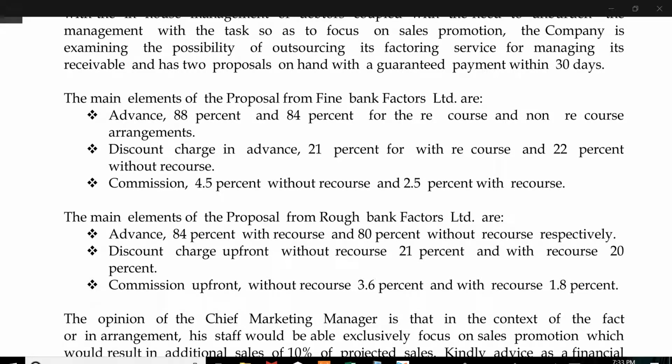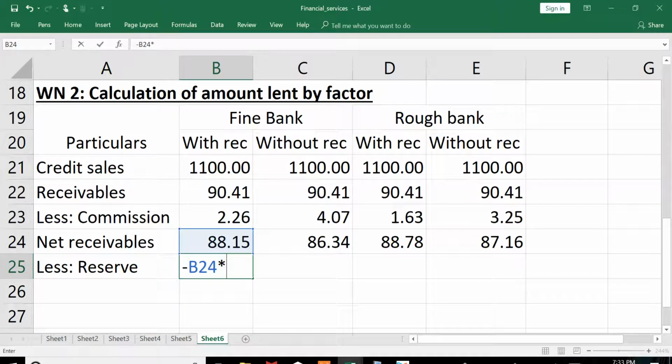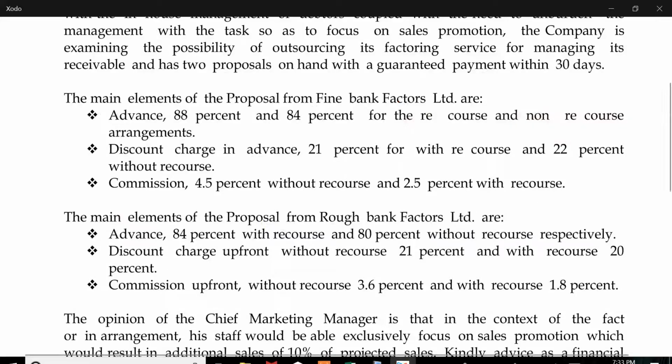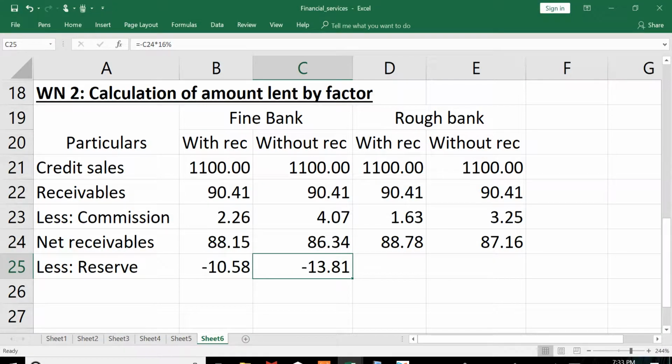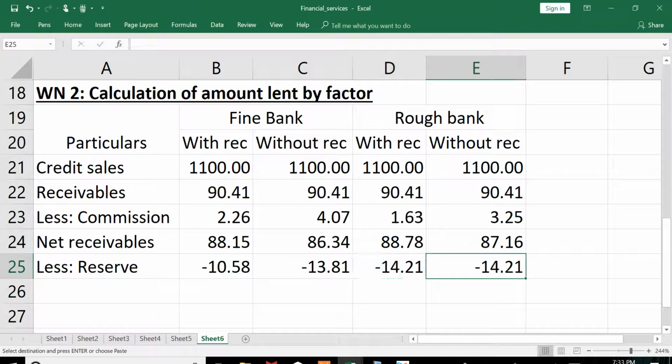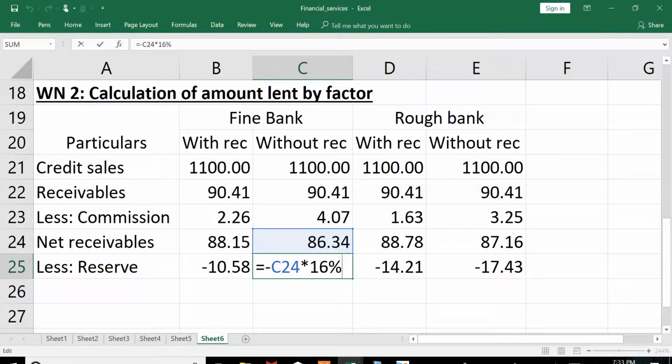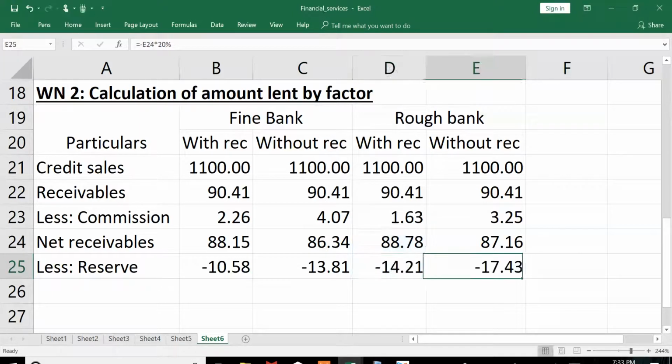So with recourse 12%, then 16%, then again 16%. Just let me know if there's any error there. No, the percentages are incorrect. 12, 16, 16, 20.